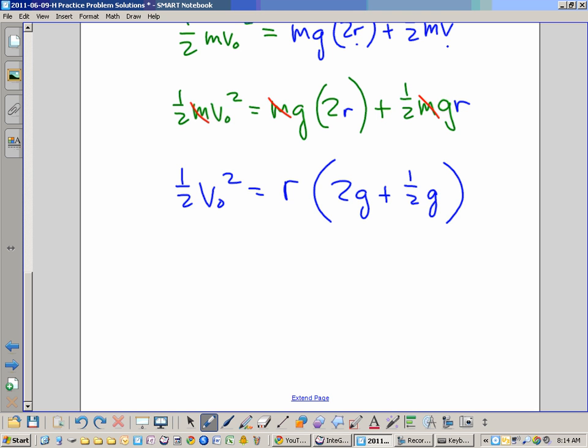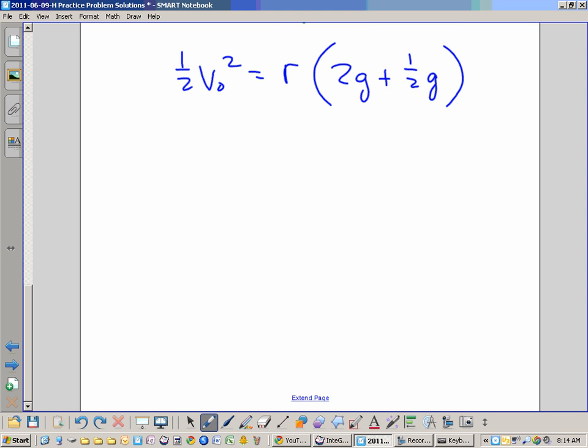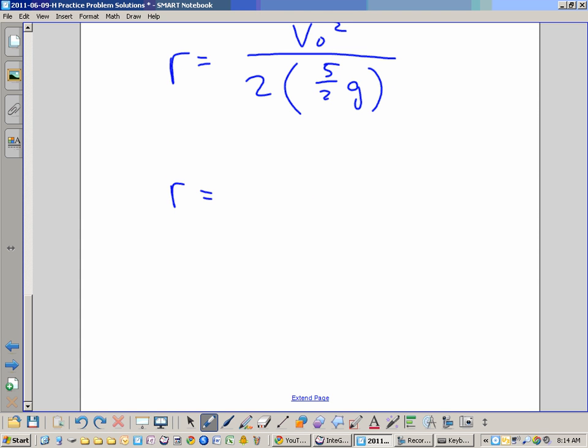It's 2.5 g, not 6 g. So now what we have to do is divide through by this right here. So r is equal to v naught squared over 2 times the quantity 5/2 g. How's that for cool?